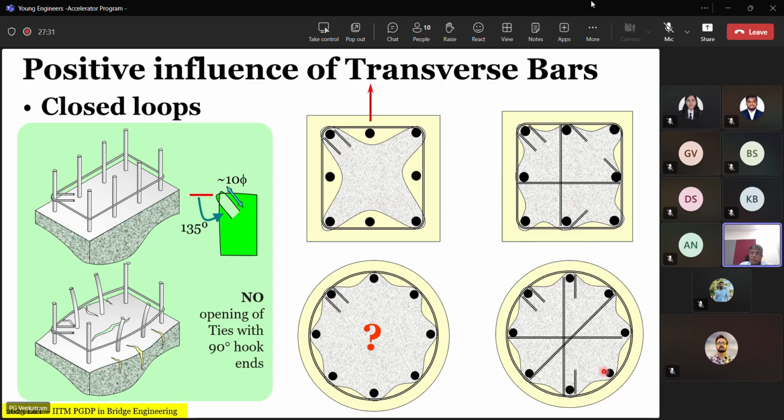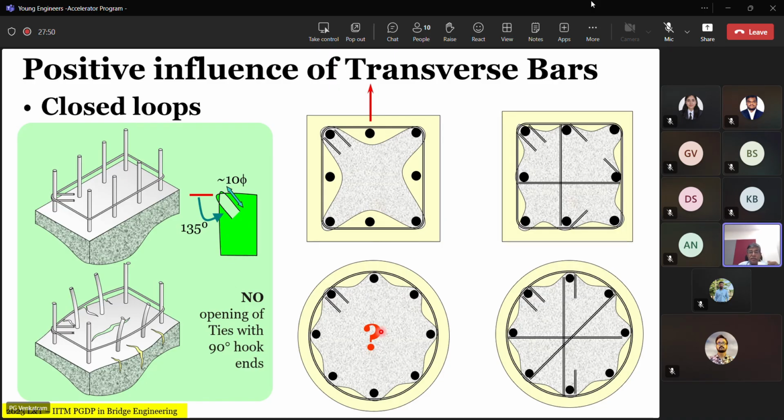Now comes the question: for a circular column, if we have a series of cross ties like this, as opposed to providing this, what would be the confining effect? That is something you should think about, and let me know sometime.